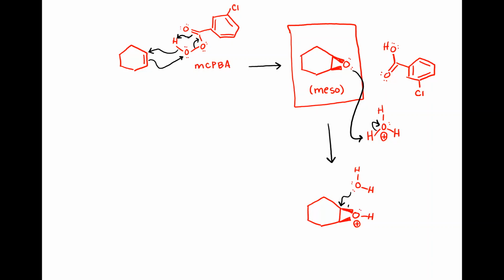We can't exceed the octet on that carbon, so we also have loss of a leaving group. This is undergoing an SN2-like process, and so there will be inversion at that carbon stereocenter, which is how we end up with the anti-diol.